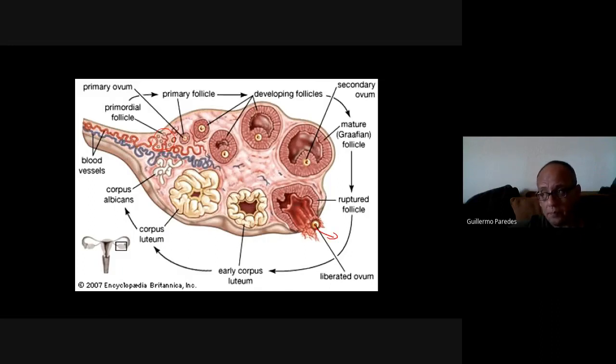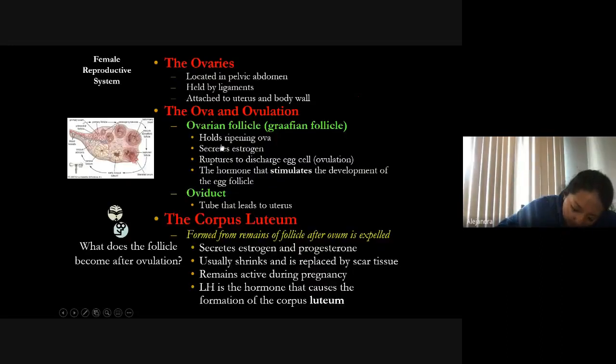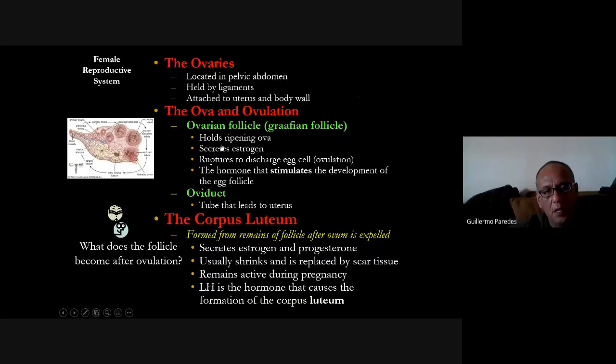You only release one ovule in general. Okay, there's twins, triplets, whatever. That is another story. But yes, in general, you release one ovule. Okay, we got it.